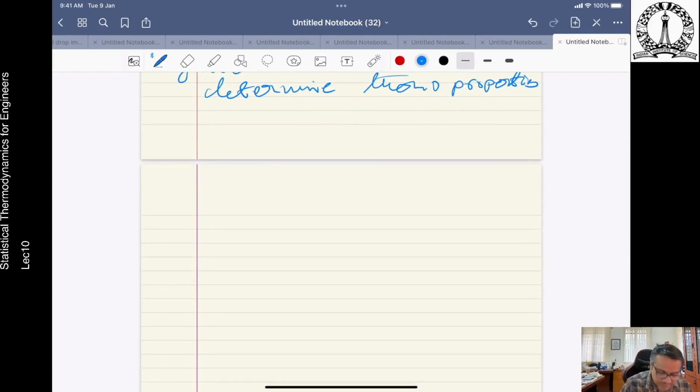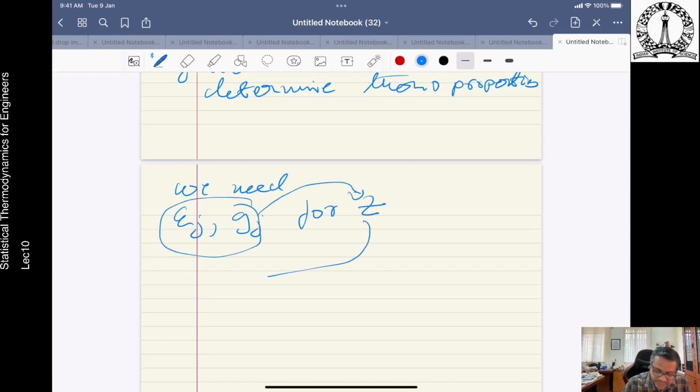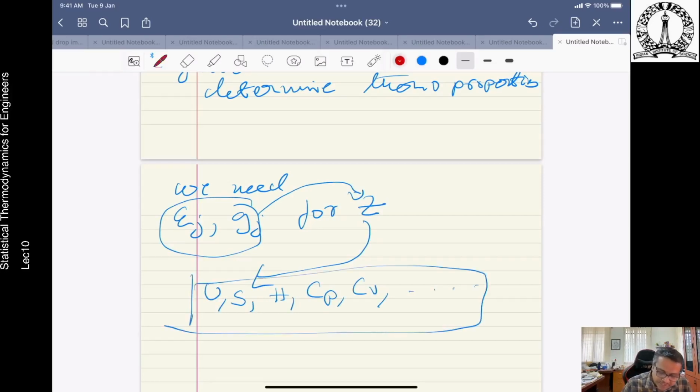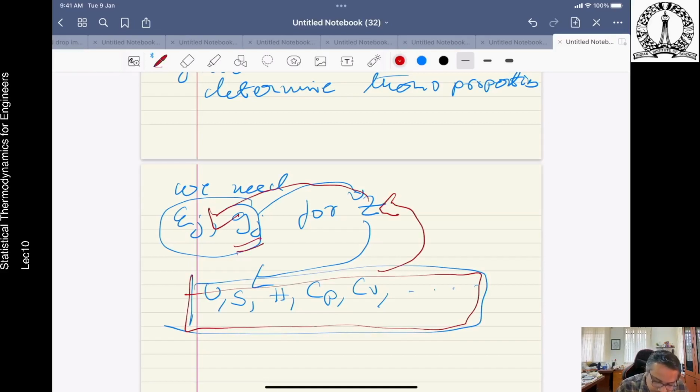So, for example, we need Ej and we need gj for calculating Z. Once you know these two, you can calculate Z, and this further allows you to calculate U, S, H, Cp, Cv, etc. So all macroscopic properties, as we saw, can be calculated from the partition function. The partition function is determined by the degeneracy and the energy of each energy level.